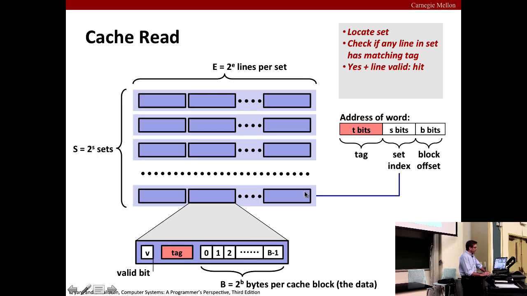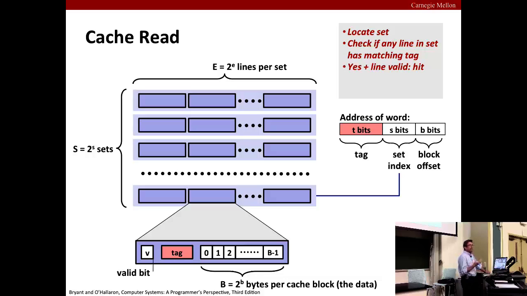And then it checks the tag. It checks all of the lines in that set to see if any of those lines have a matching tag, a tag that matches the tag bits in the address. Okay. And it checks to see if the valid bit is turned on. So if those two conditions hold, if there's a line anywhere in the set where the valid bit is 1 and there's a matching tag, then we have a hit.